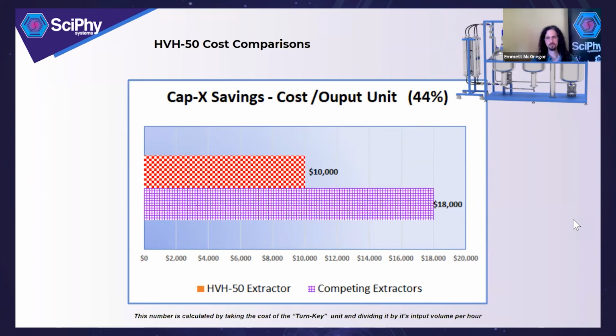But at the end of the day, if you take a look at all of those costs, if you're not making this your first and foremost decision, what is the cost per unit output? What's the cost per unit capacity of extraction or of dewaxing or of solvent recovery as your first and foremost decision-making point in terms of CapEx, right? I want to emphasize that this is within the framework of CapEx, then you're probably making a mistake.